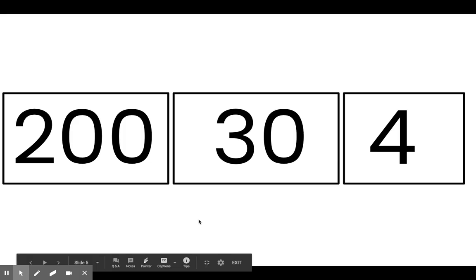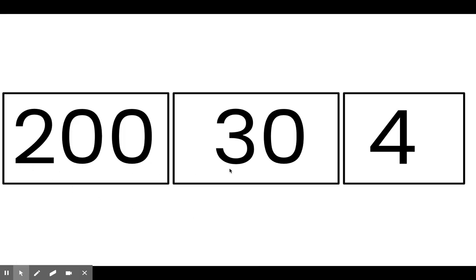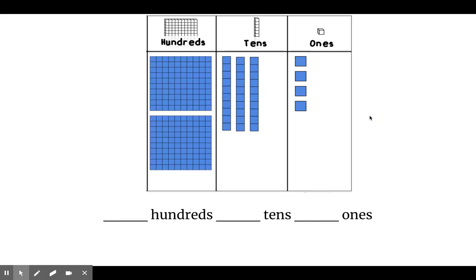When I do, I see that I have 200, 30, and 4. 234. The value of the 2 in the number 234 is 200. The value of 3 in the number 234 is 30. The value of 4 in the number 234 is 4.